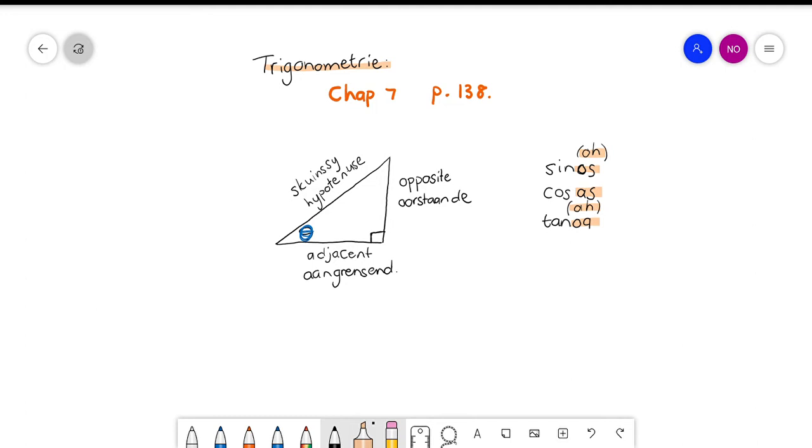Okay. Maar wanneer ons sê die sin van hoek theta, dan gaan ons sê dit is die oorstaande op die skynsy. We'll do a few now.